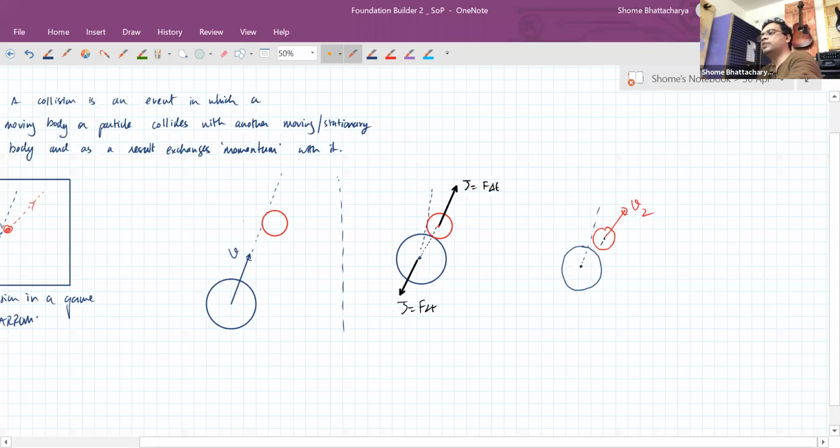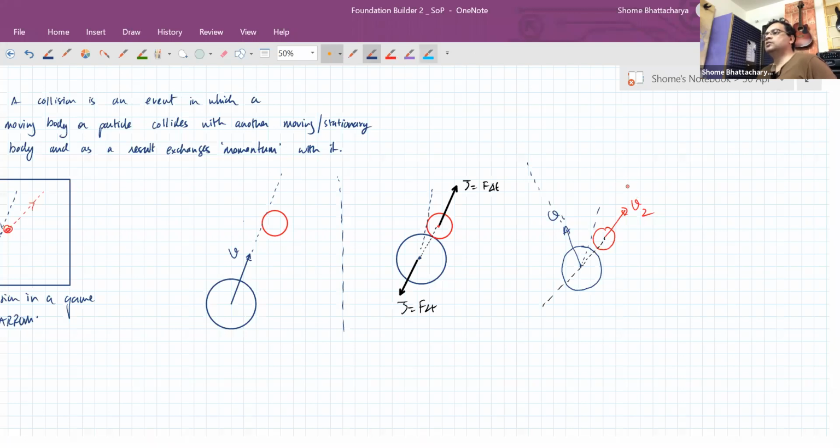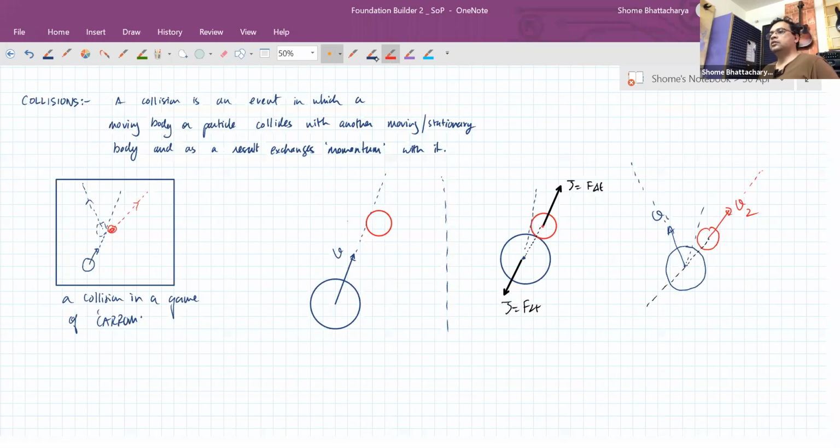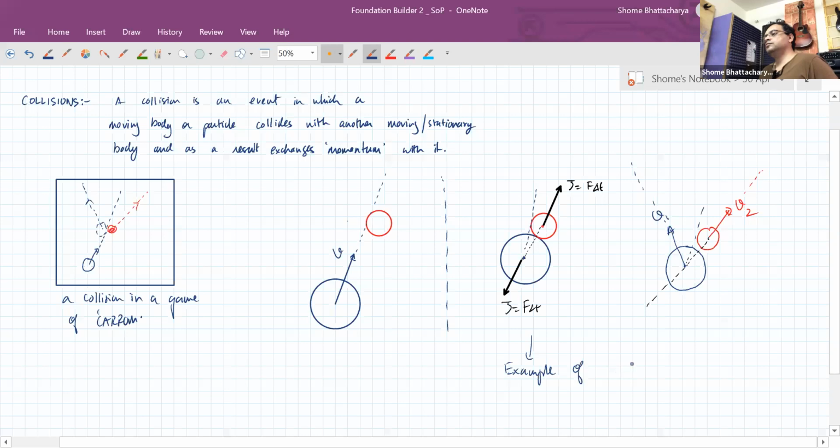So its change in momentum will be such that the initial momentum is along this line, the force acted along this line, so the final momentum might become along this sort of a line. So it might go off in this sort of a direction, whereas this might go off in this sort of a direction. So this is an example of what we call an oblique collision, because it's hitting it obliquely.